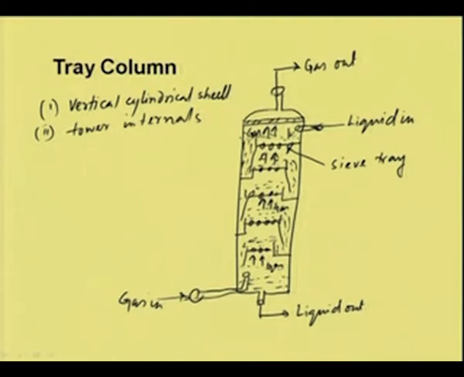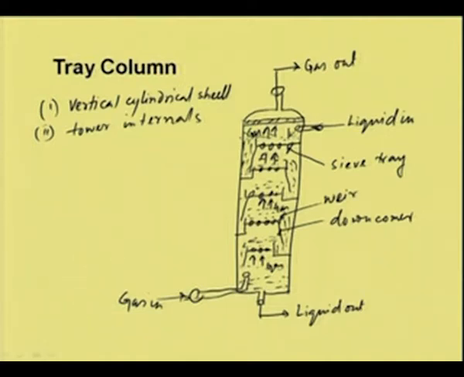So this is known as the downcomer. These are weirs here, and these are different sieve trays.